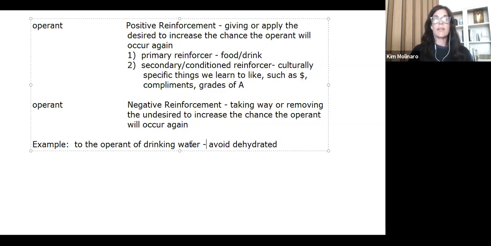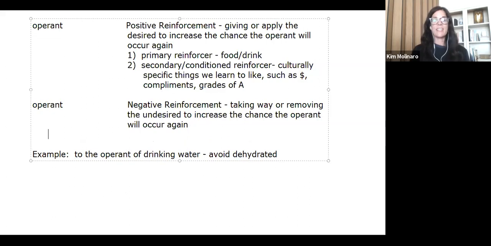So the consequence, the operant is drinking the water. The consequence is avoiding dehydration. And taking away or removing the undesired dehydration is coded as negative reinforcement.